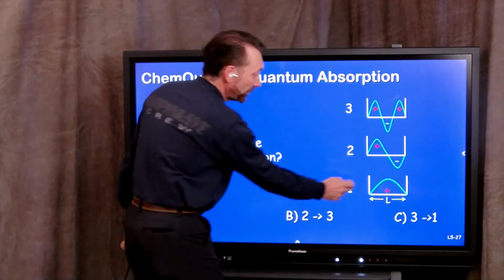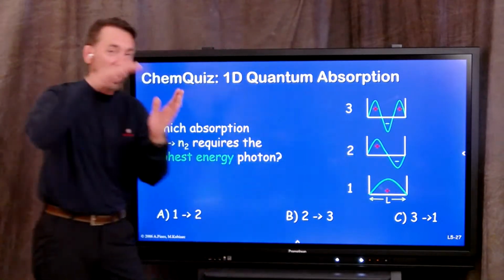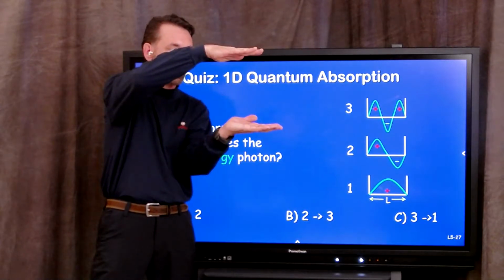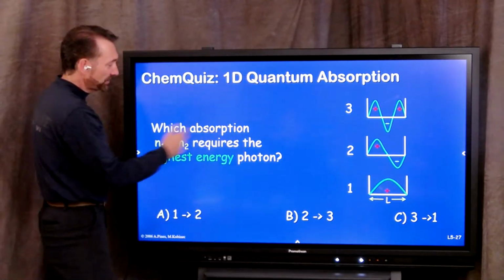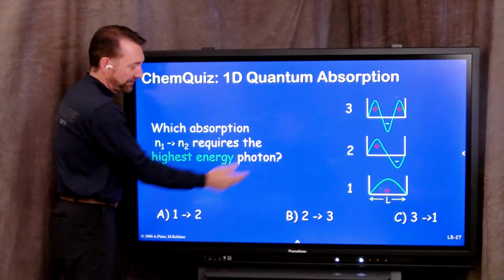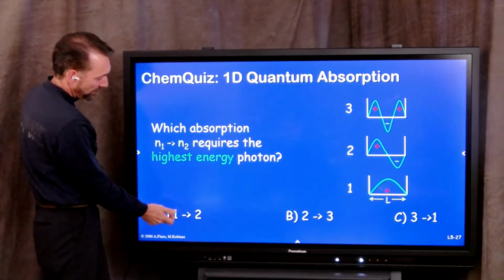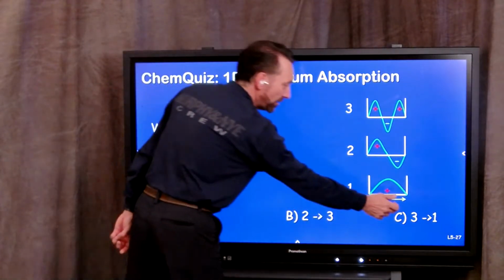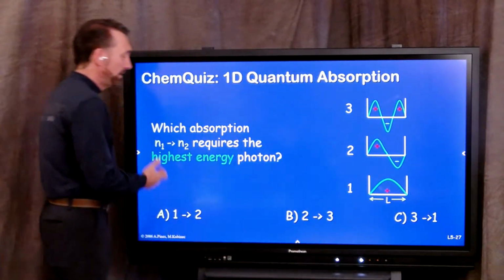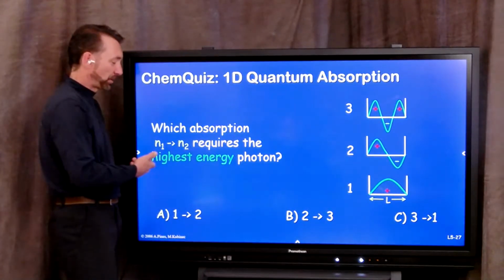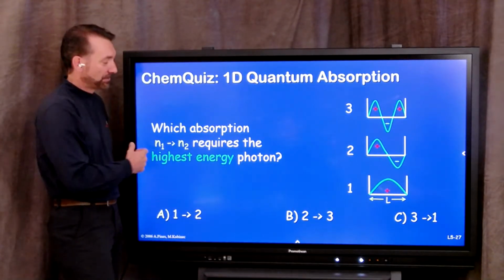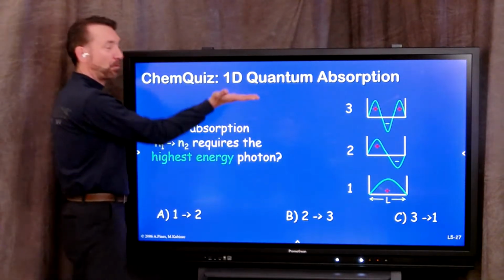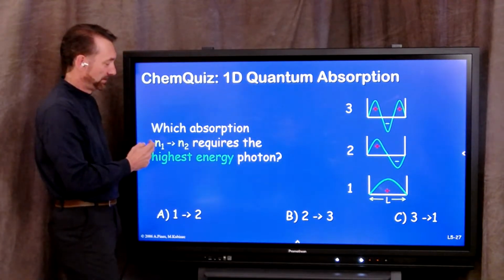So in order to go from one state to the next, I have to absorb that much energy, that quantum of energy. So the question is, which of these transitions, going from n equal 1 to n equal 2, from n equal 2 to n equal 3, or from n equal 3 to n equal 1, requires the greatest amount of energy? So the highest energy photon to promote matter from one level to the next level.